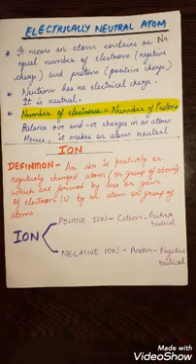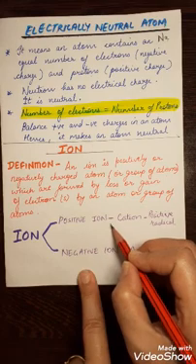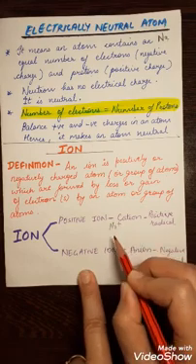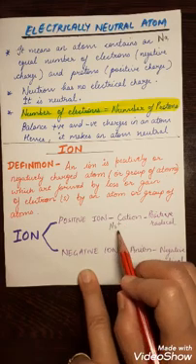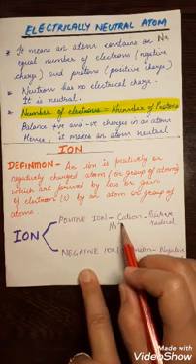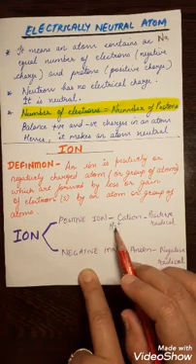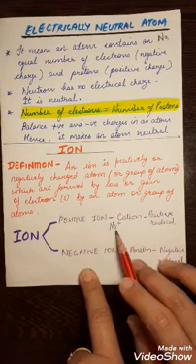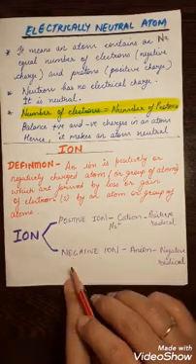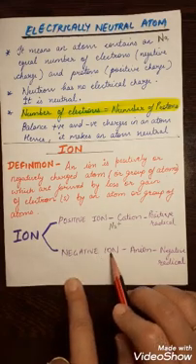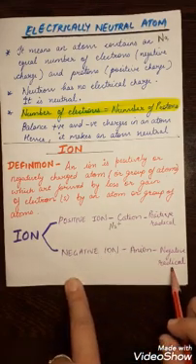For example, if I write here Na+. Now, this is an ion, or we can say it is a positive ion carrying a positive charge, or we can say it is a cation, sodium cation, or we can say it's a sodium radical. Second category is a negative ion, which is known as anion or a negative radical.